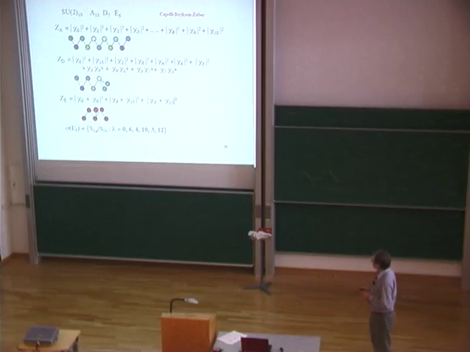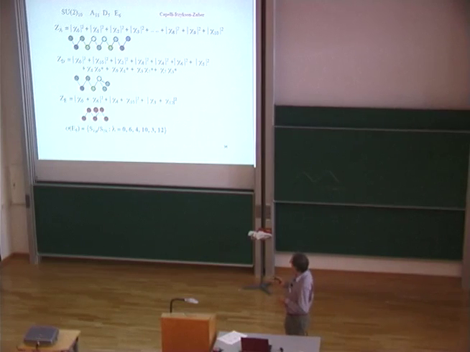Okay, and so that's what Cappelli, Itzykson, and Zuber did. They found these 3 modular invariants for SU2 level 10. And so, for example, down here, this is one modular invariant. And if you look at the diagonal part, you get exactly those numbers which I had on the previous transparency.